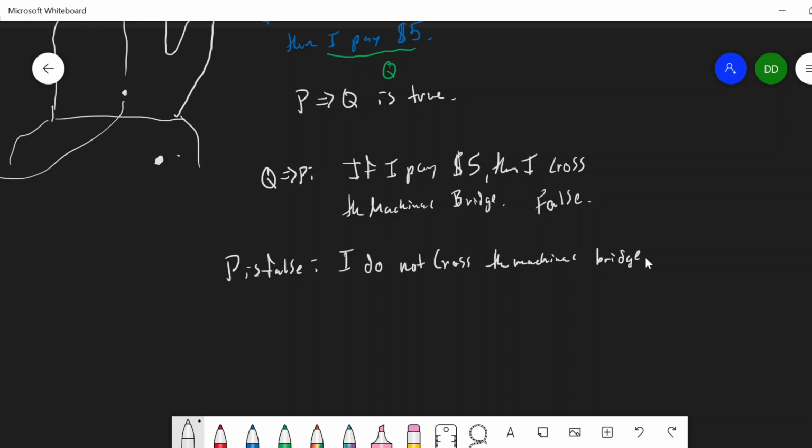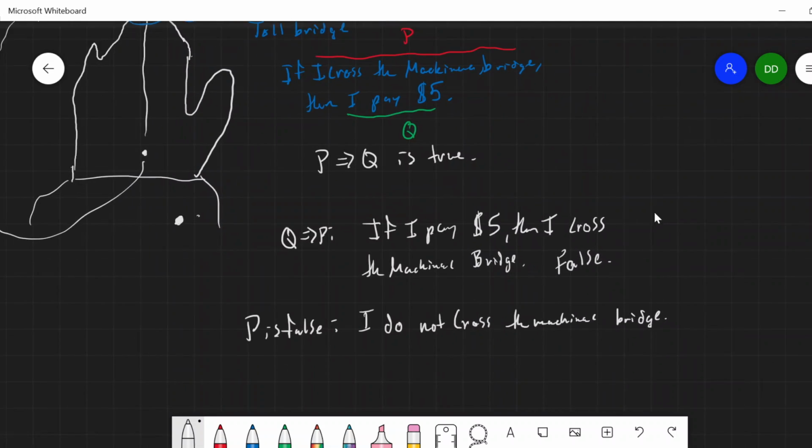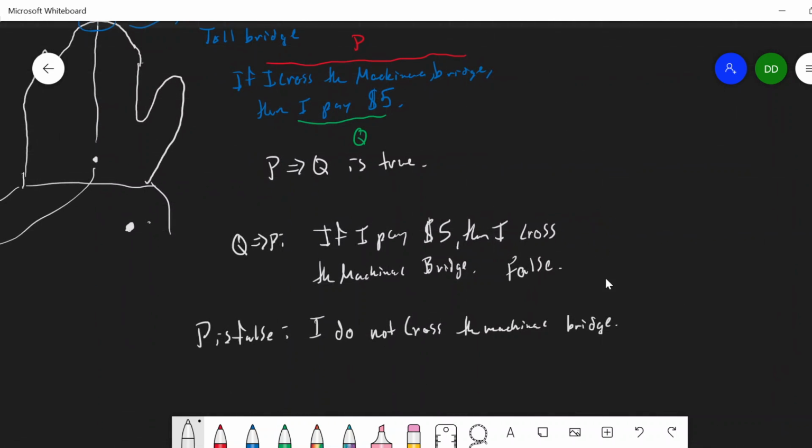And the question is, if I pay $5 and if I don't pay $5, does that have any effect on whether this implication is still true or not? So, right, one way to think about this is, how would I disprove, if you were like, no, Professor O, I don't believe you. I don't believe that this implication is really true. How would you demonstrate that to me and prove your point to me?